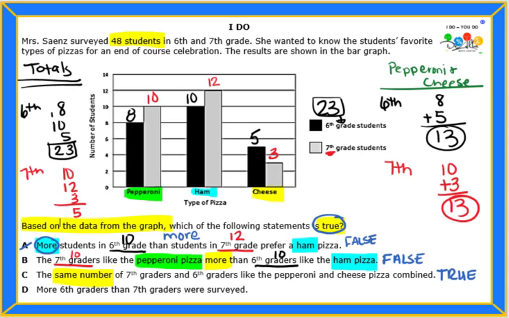That's already a different number right here in the ones place. That's 25. So it looks like 25 7th graders were surveyed and only 23 6th graders were surveyed.